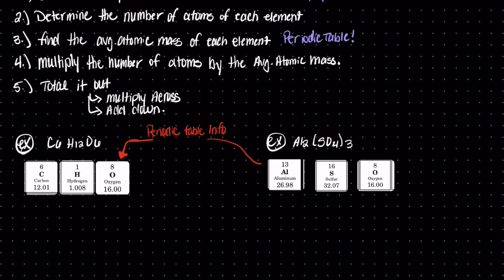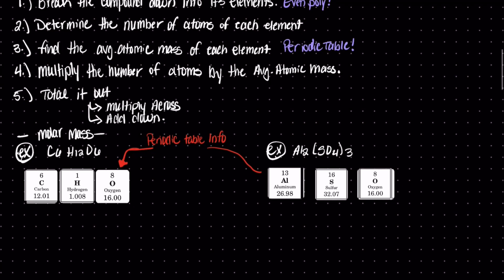So let's take glucose here, C6H12O6. I want to find the molar mass of that. So I'm going to step 1, break the compound down. C6H12O6. I'm going to have C, H, and O. Kind of reminds us of taking inventory, like we did when we were balancing.